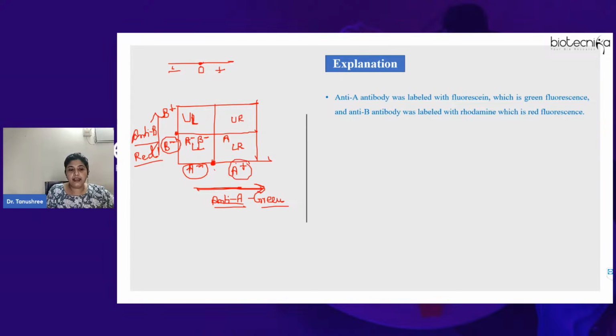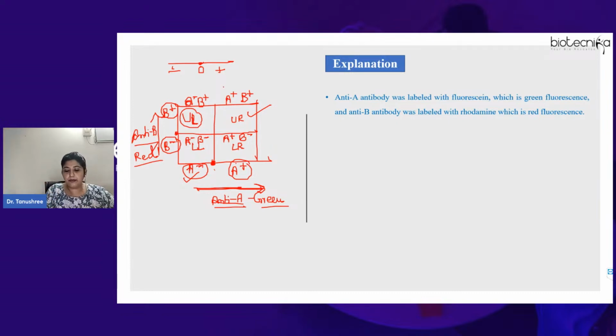This quadrant is where A is present but B is absent. In this quadrant, B is present but A is absent, as shown over here. And the last quadrant is double positive, which indicates both presence of A and presence of B.